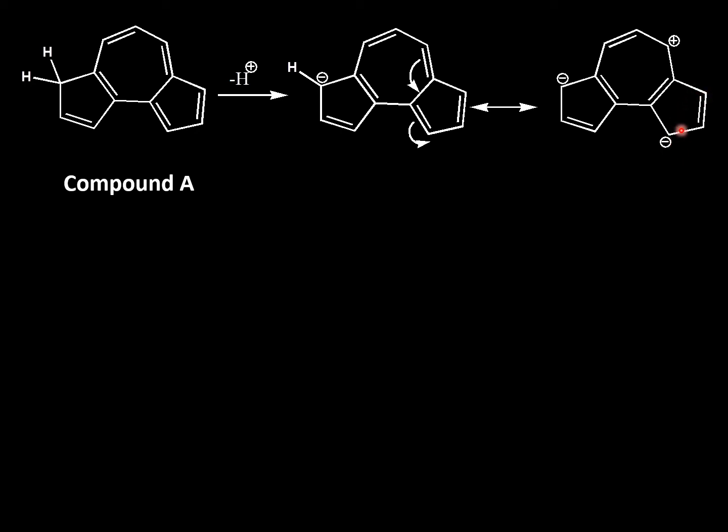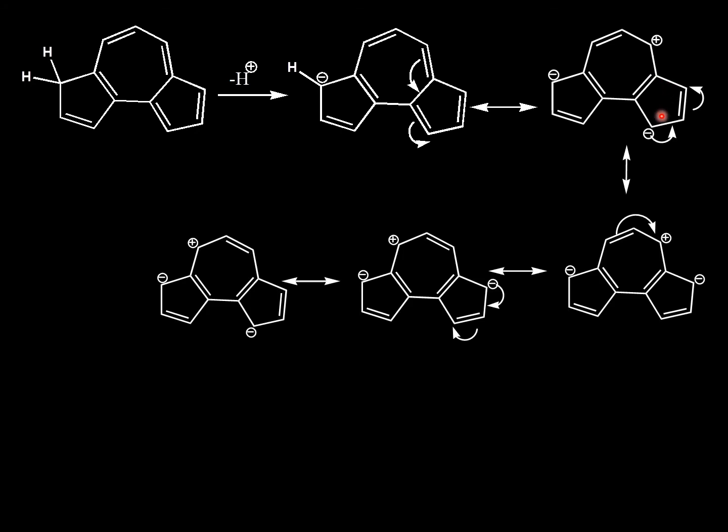If you would like to delocalize on the fused carbon, it will disturb the aromaticity of the ring. So, the positive charge will also stabilize by delocalization of the pi bond, and you can delocalize this positive charge only on these two carbons.